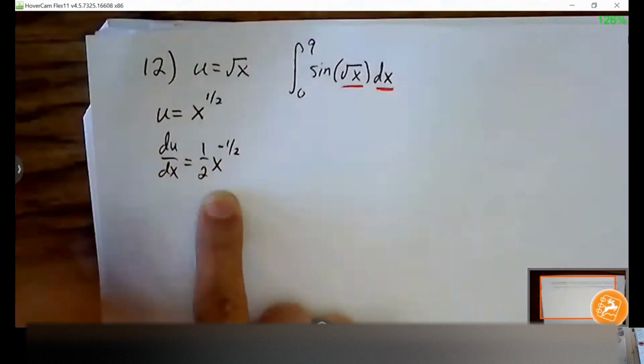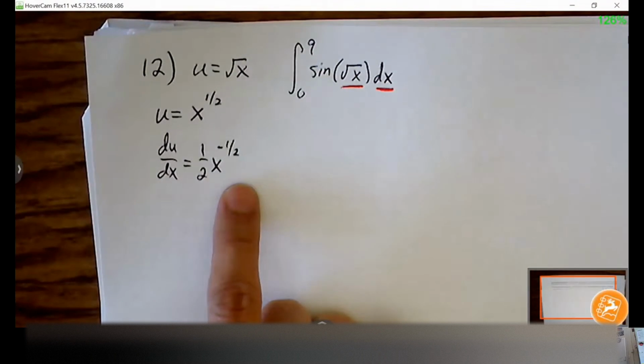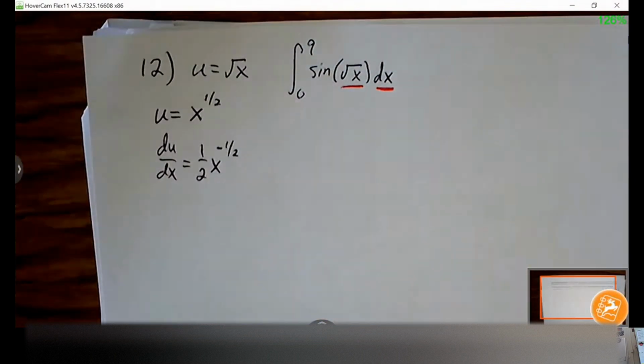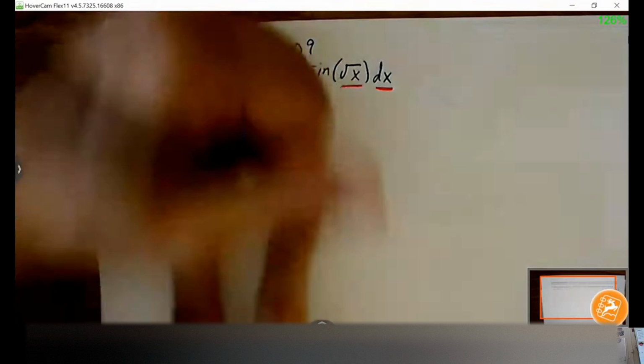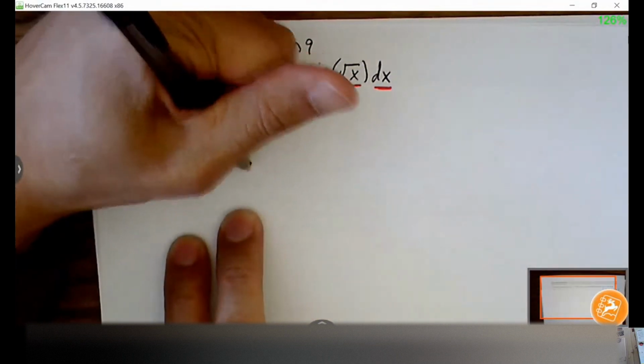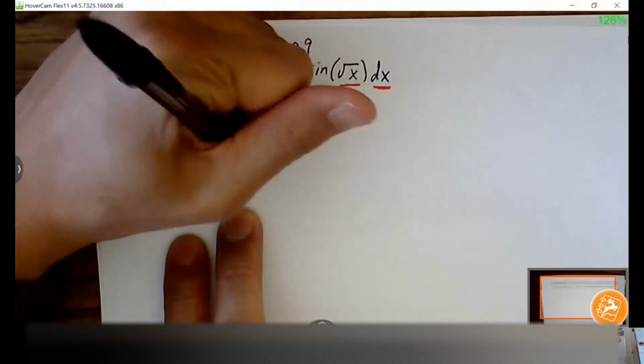So we see that there's going to be that leftover root x that's not taken care of, right? We may have to do a little playing around here to figure out a way to get that to work out.